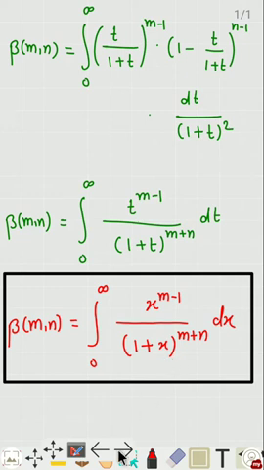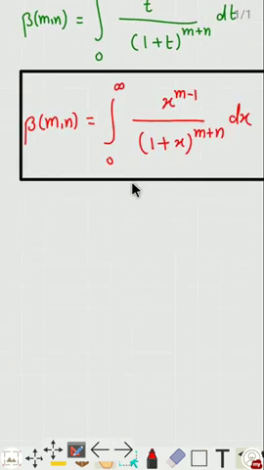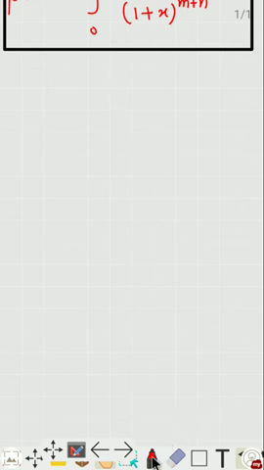Now let us try to prove the next result, the fourth result, and that fourth result is nothing but the relation between beta and gamma function.